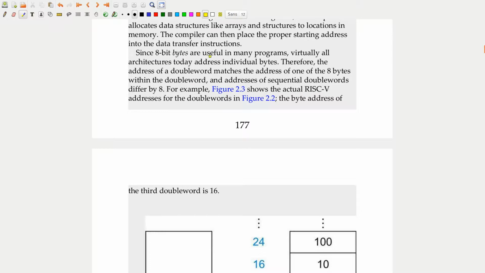Since 8-bit bytes are useful in many programs, virtually all architectures today address individual bytes. Okay, so that's pretty clear. So we address individual bytes just because that's what the architectures generally do.